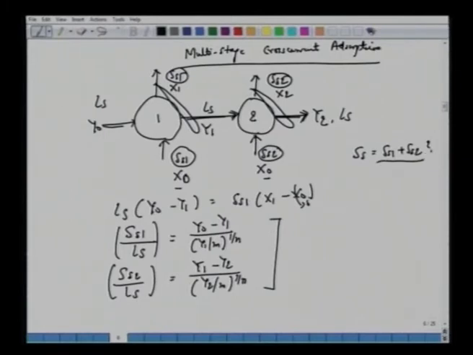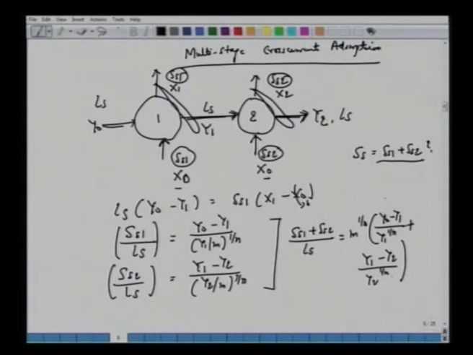Should we use a larger amount here or a smaller amount here? If you add the two amounts here, one can write Ss1 plus Ss2 over Ls. If you add these two and rearrange, one can show that you will get m to the power 1 over n times Y0 minus Y1 over Y1 to the power 1 over n, plus Y1 minus Y2 over Y2 to the power 1 over n.